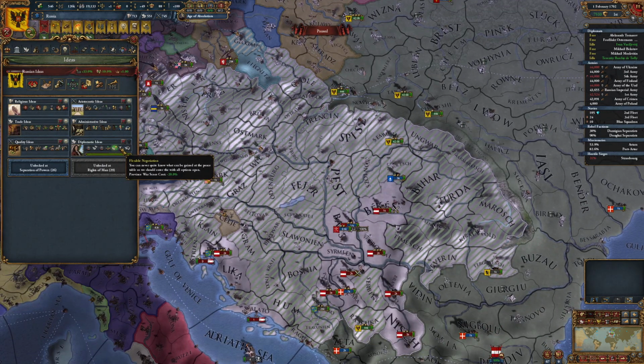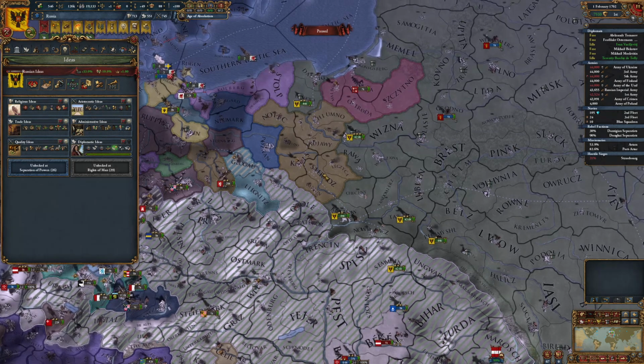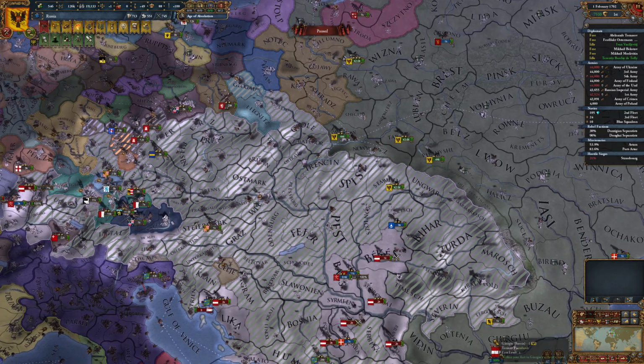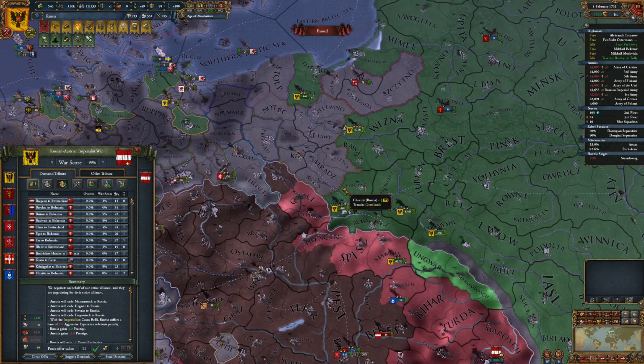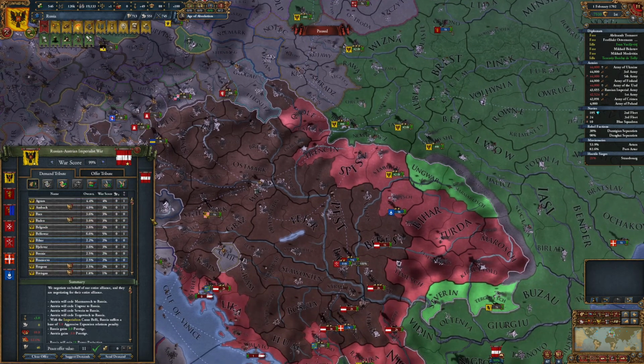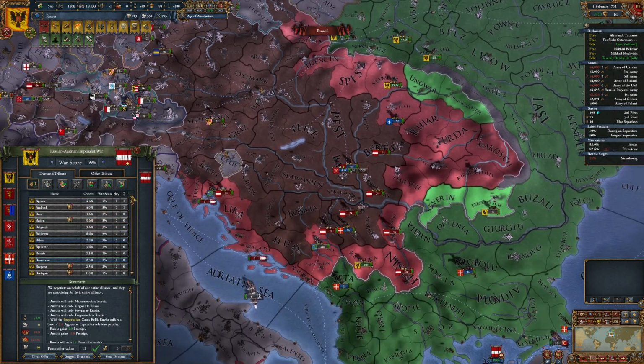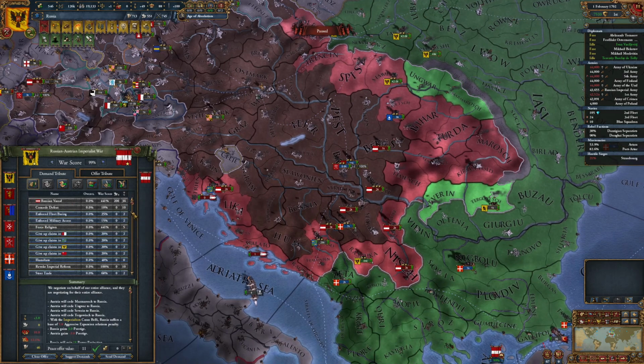Though if I get the province war score cost reduction of minus 20%, I can do it. But I'm not going to give Bohemia any cores, because if I do, I can't vassalize them. I might not even be able to, regardless if I give them anything or not.